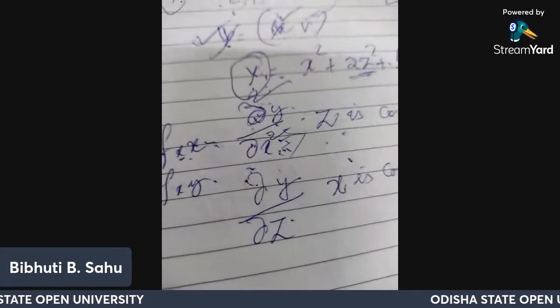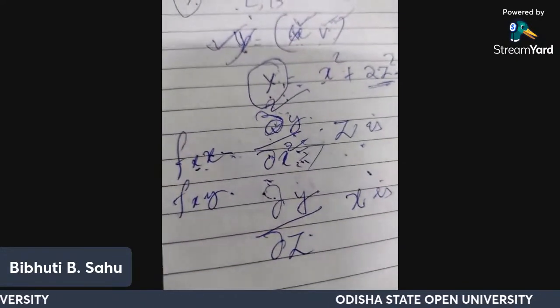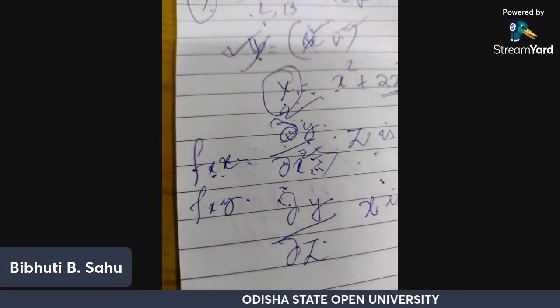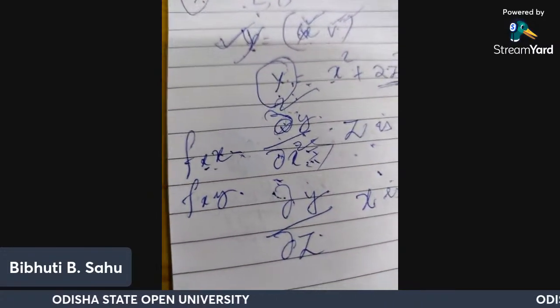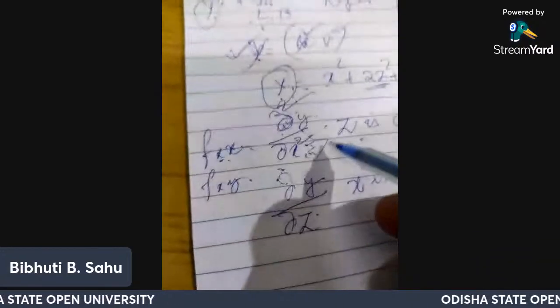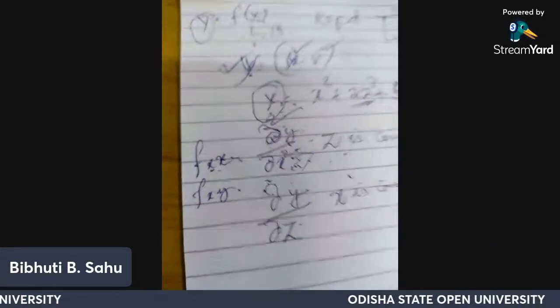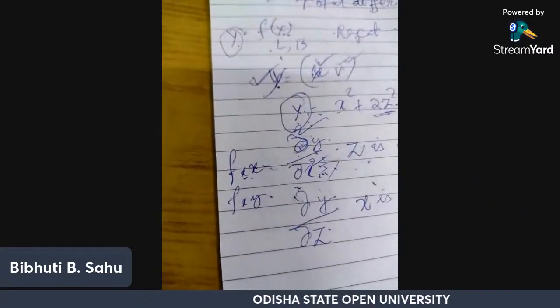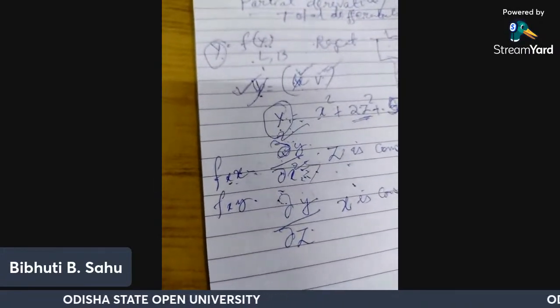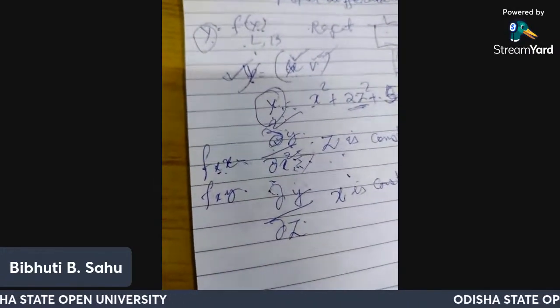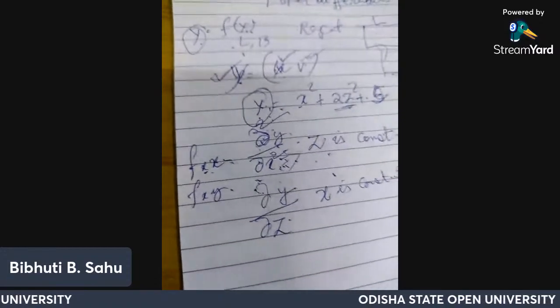Then what are total differentials? The formula for total differentials: when a function is related with multiple variables, we study the change in the dependent variable due to the simultaneous change in the other variables.